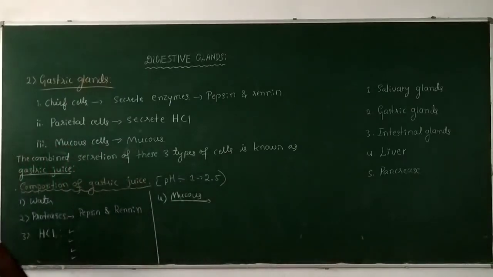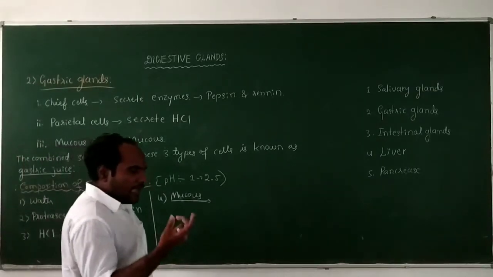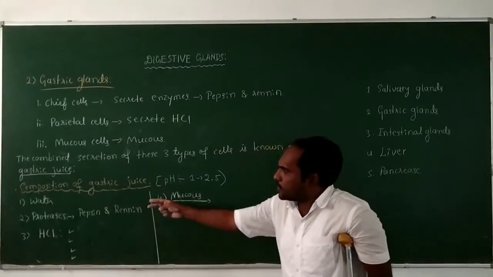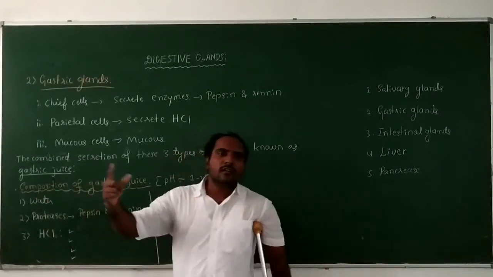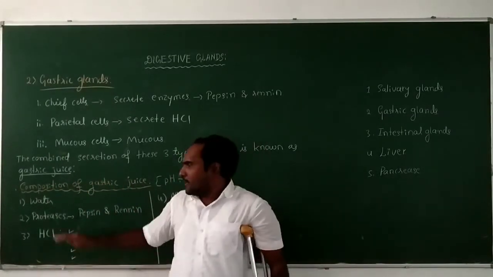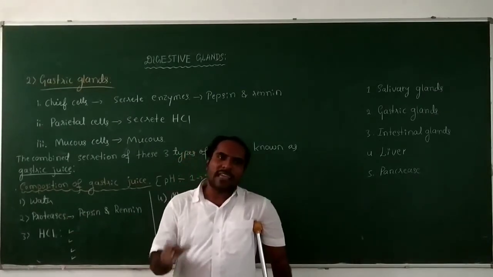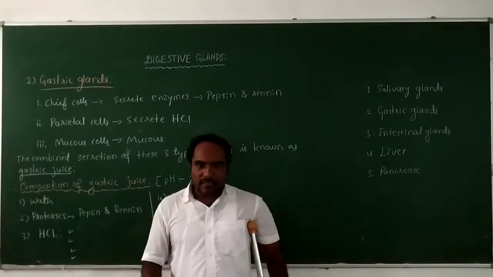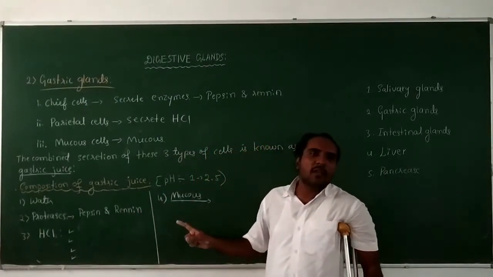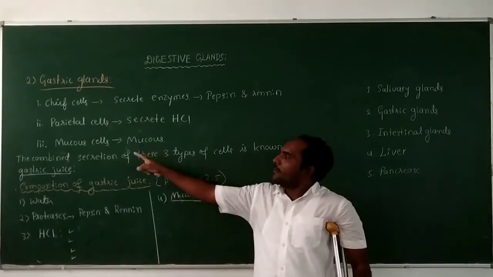It is a lipid, a slimy substance. What does it do? See now, I already told you, in an empty stomach, HCl and this protease are released. These proteases and HCl attack the mucous membrane of the stomach and digest it, and this is prevented by the mucus secreted by the mucus cells.